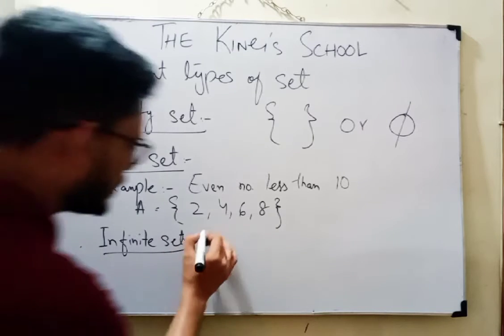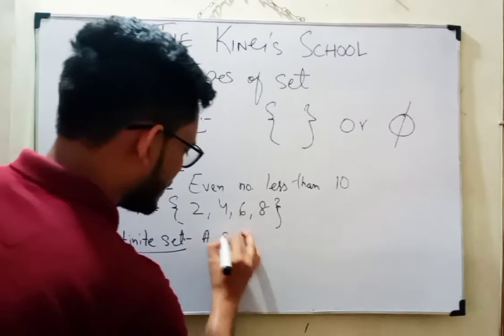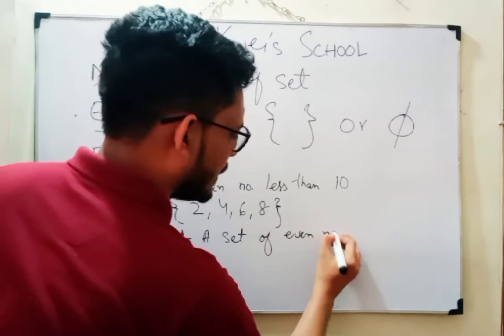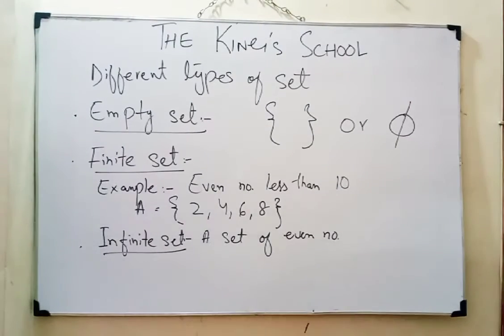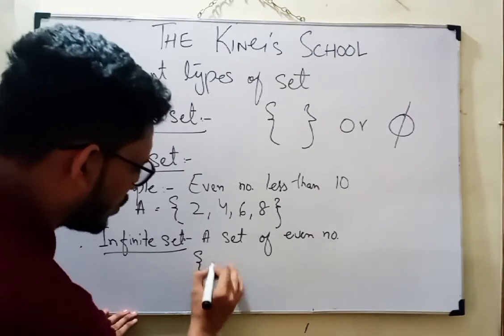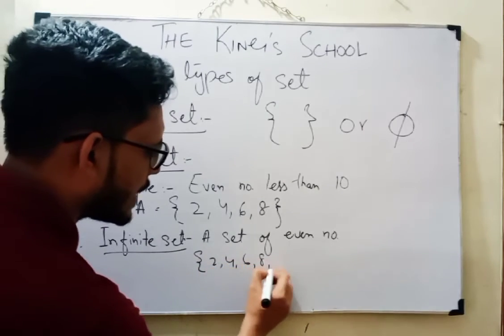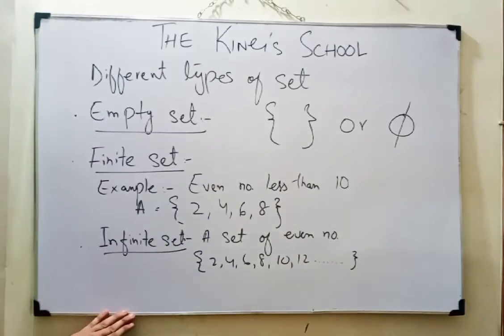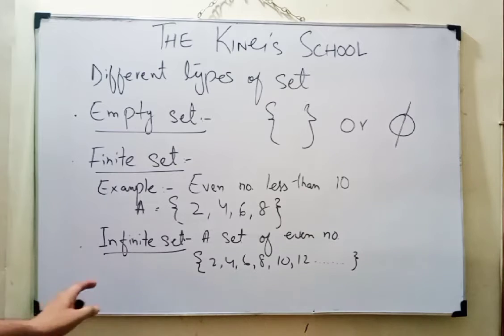For example, a set of even numbers: 2, 4, 6, 8, 10, 12, and these numbers will go on. So this is called an infinite set, in which the elements never stop.